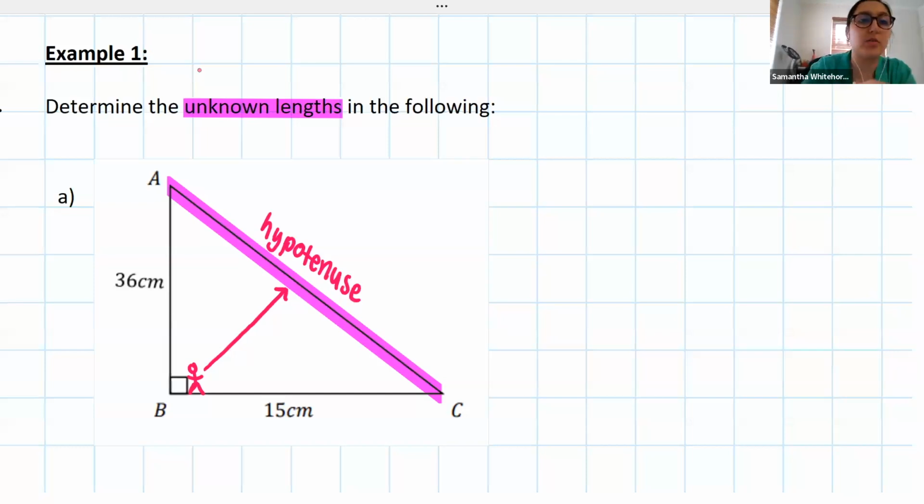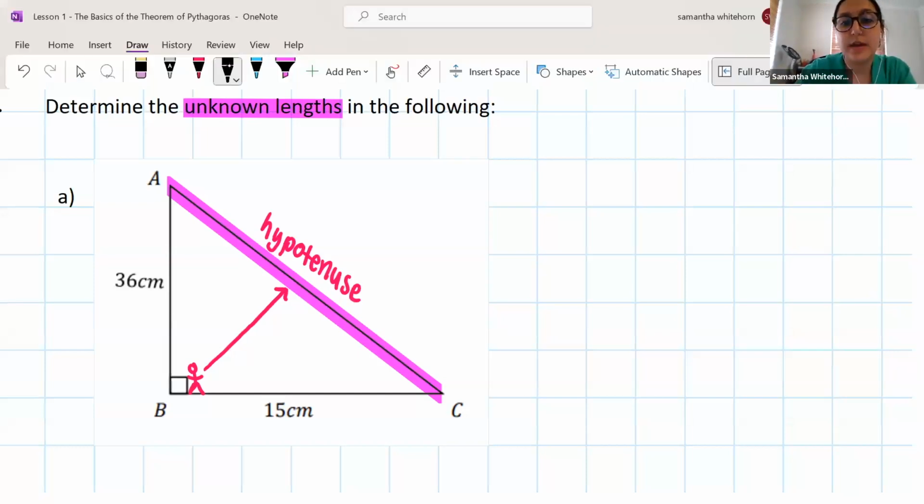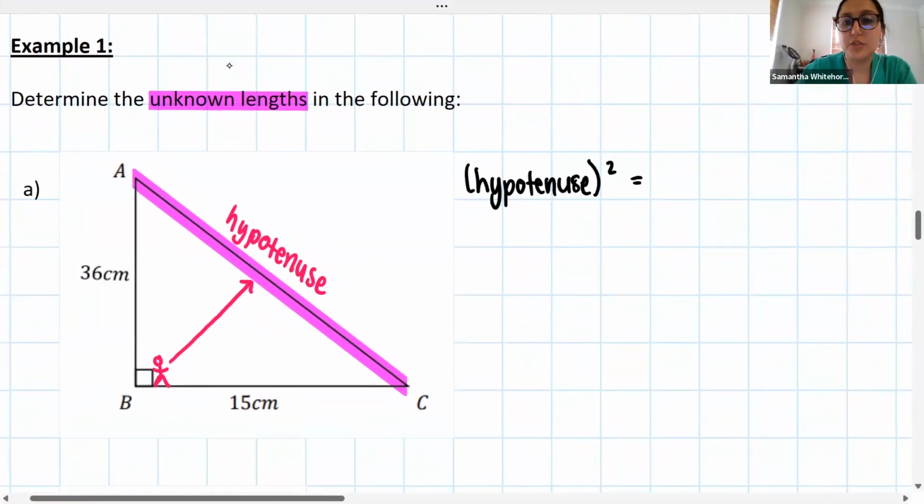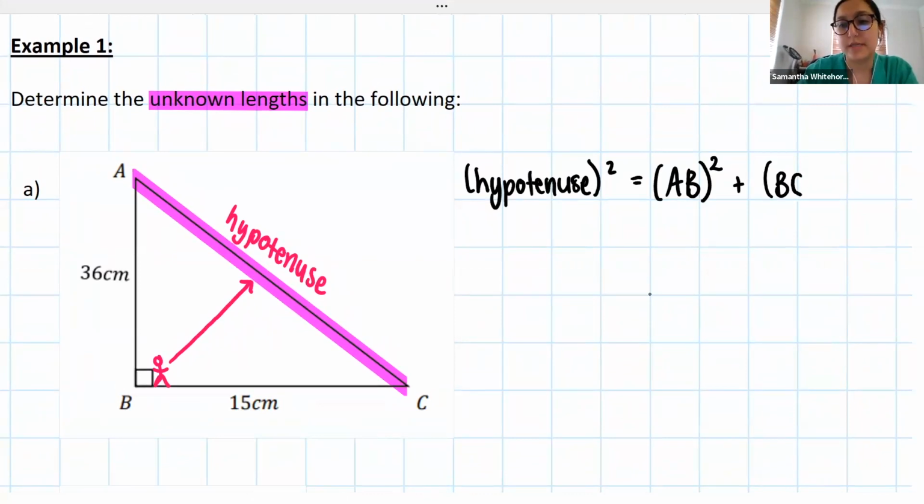Okay, so let's go back to what Pythagoras says we must do. Pythagoras says that we must take our hypotenuse squared and we must then square our two other sides and add them together. So in this triangle, that would be side AB squared plus side BC squared.